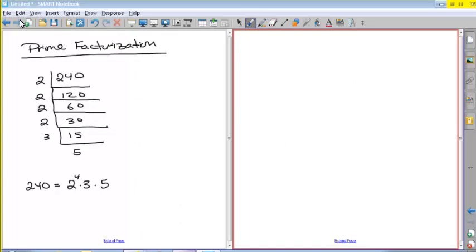process. Okay, now we're going to go to the greatest common factor, and there are 3 ways that you need to know how to do this. And I'm going to call them, there's one called the prime factors method.